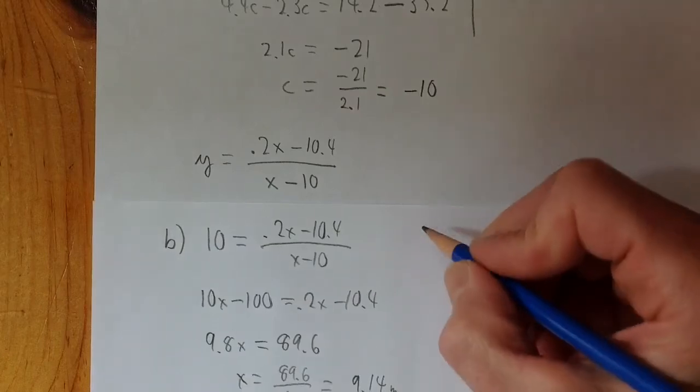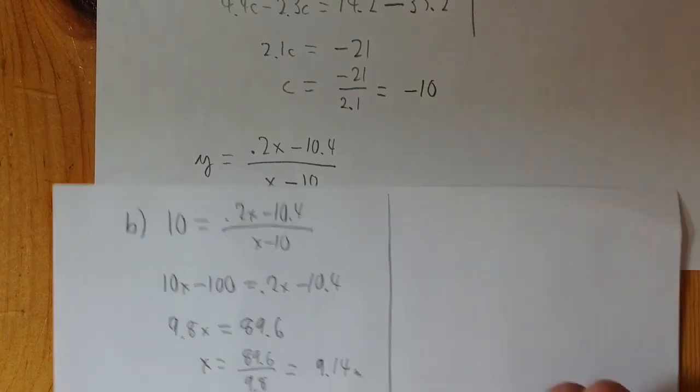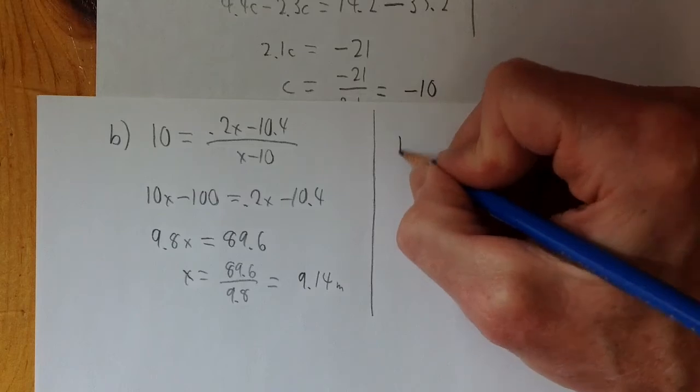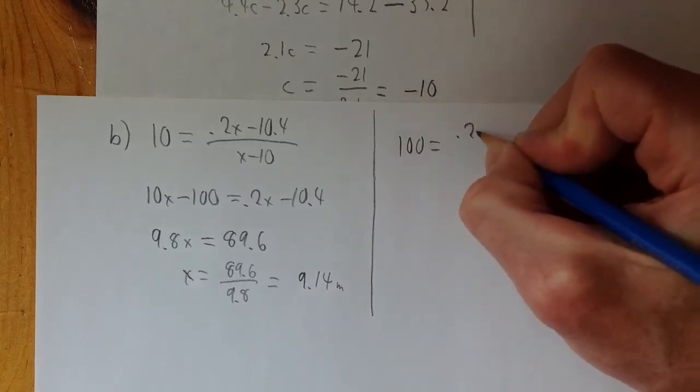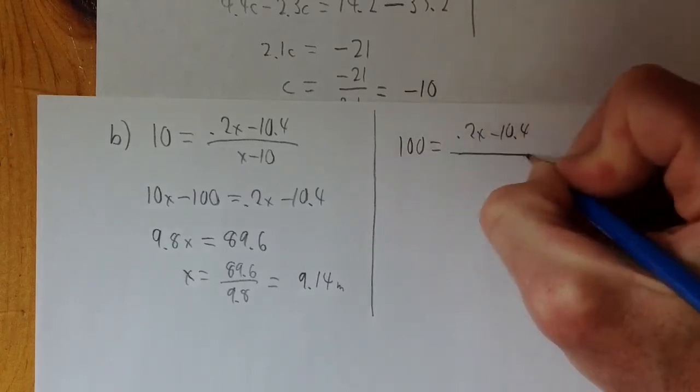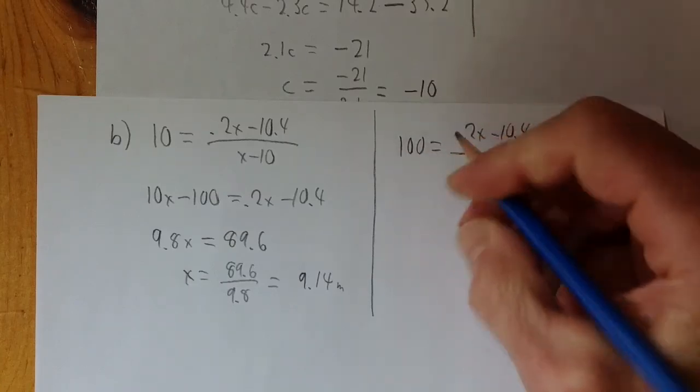Now what about 100? So let's do that over here. Same thing, just plug in 100. So 100 is equal to 0.2x minus 10.4 divided by x minus 10, multiplied by 100.